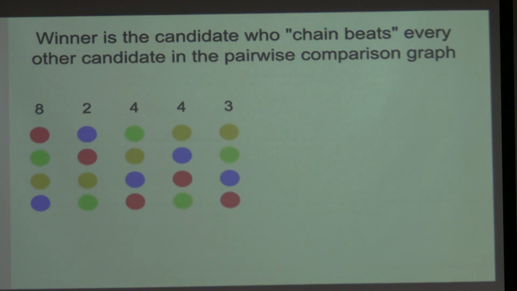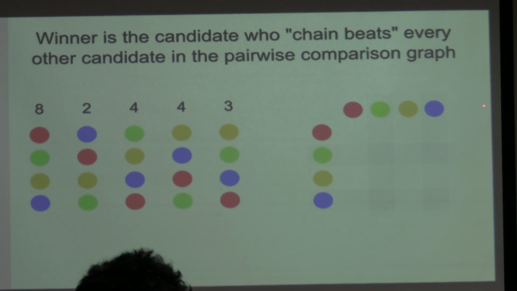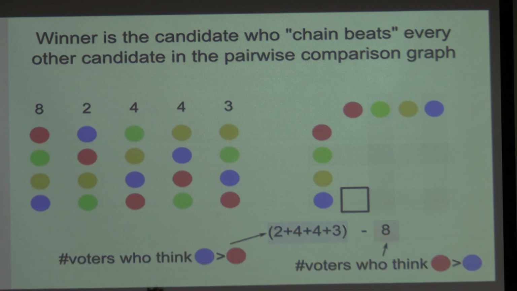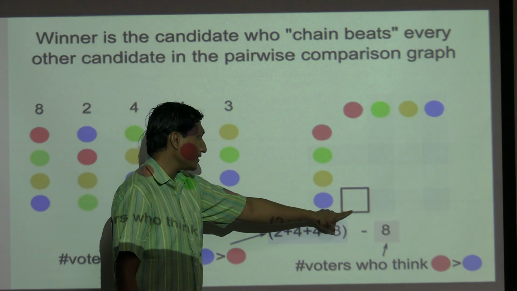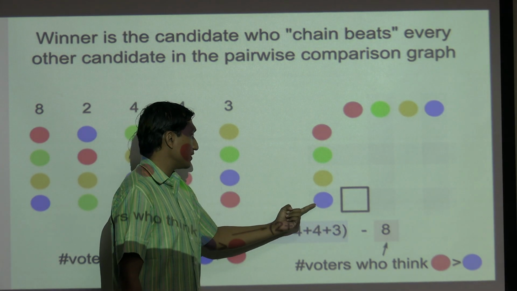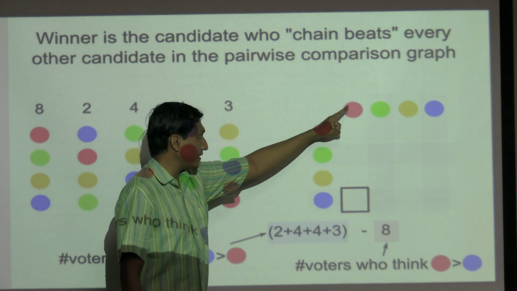So the input to Schulze is again something like this, a bunch of rankings. What this rule does is construct a matrix of pairwise comparisons. The rows and the columns are all the candidates. Every entry in this matrix looks at how many voters, let's say you're looking at the purple versus red cell here, prefer purple over red, minus how many voters prefer red over purple.